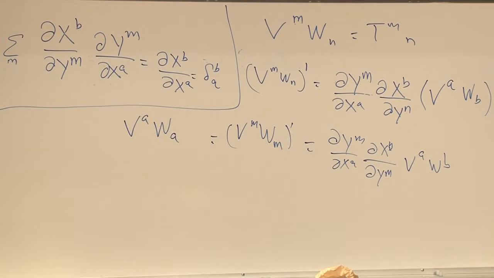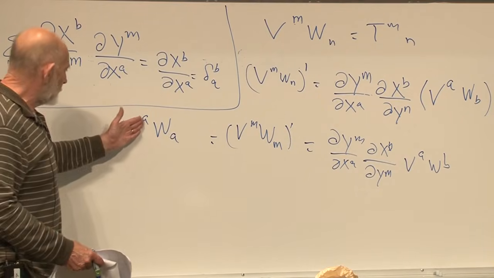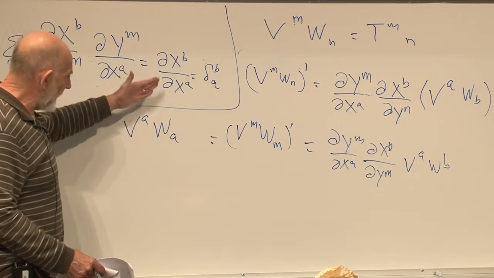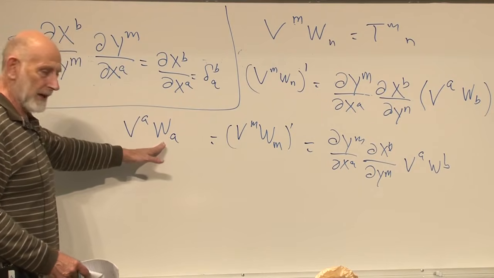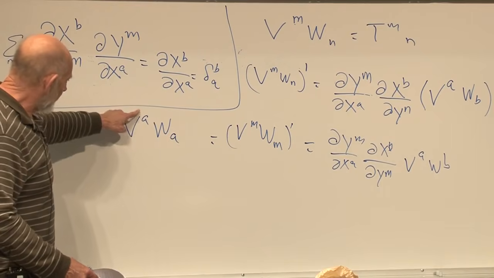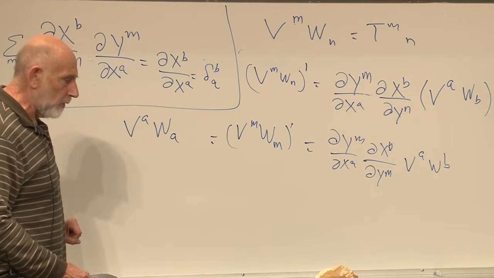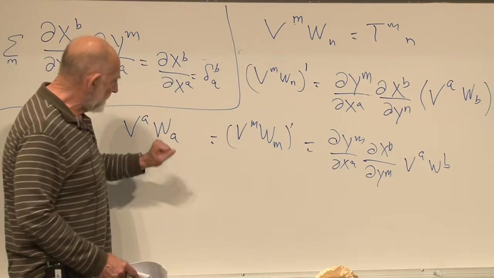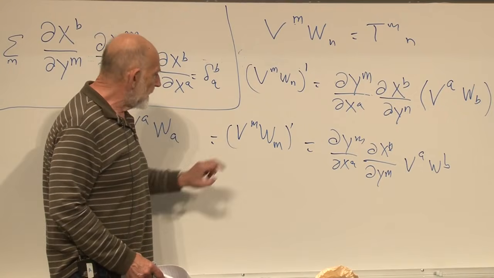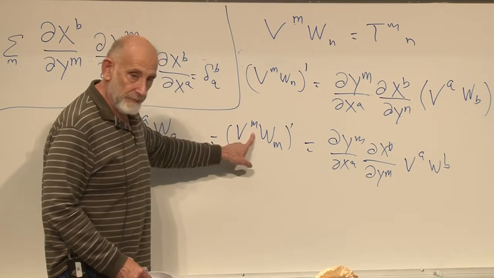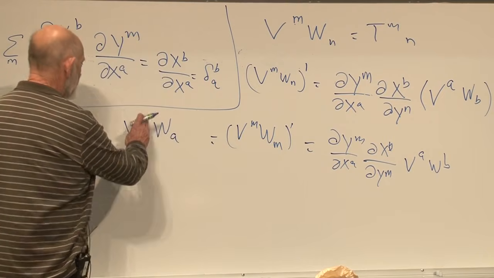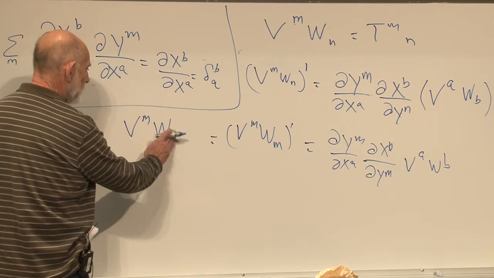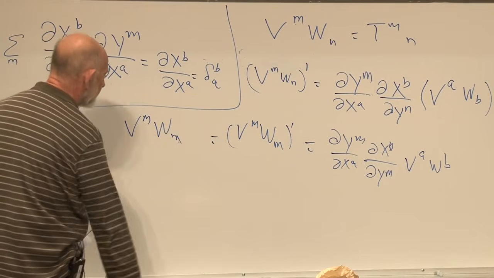And look what I have on the left. On the left I have the contraction of an upper index with a lower index. It doesn't matter that I call it A, that's not important. I have the contraction of the upper index with the lower index in the unprimed frame, and that's equal to the corresponding quantity in the primed frame. I could call this M if I like. It's a summation index, it doesn't care what I call it.